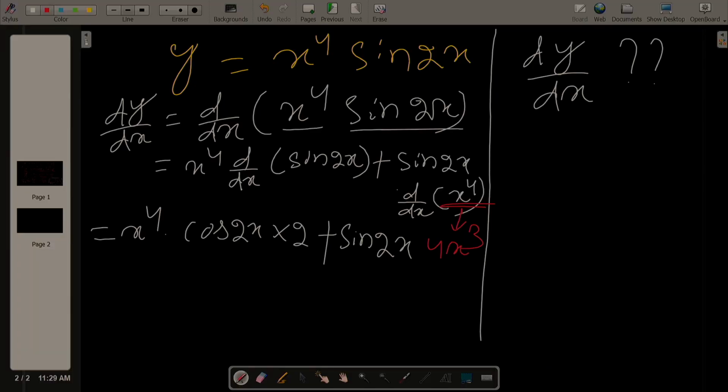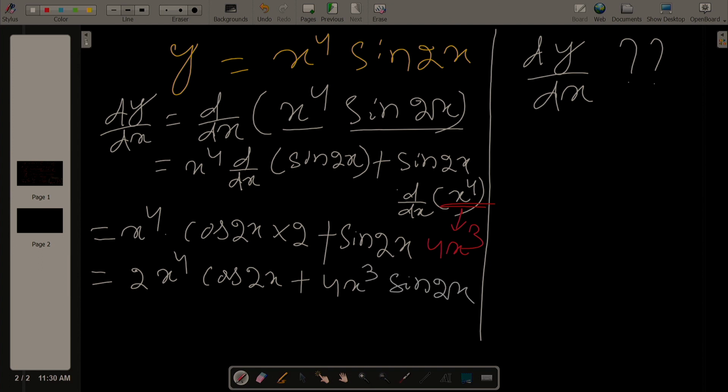Okay. This is the derivative of x fourth, which is equal to 4x cube. Now, we just simplify that. I can write 2x fourth cos 2x plus 4x cube sin 2x.